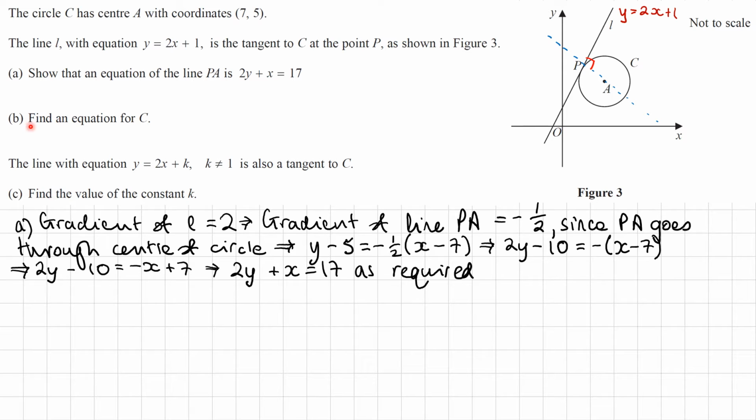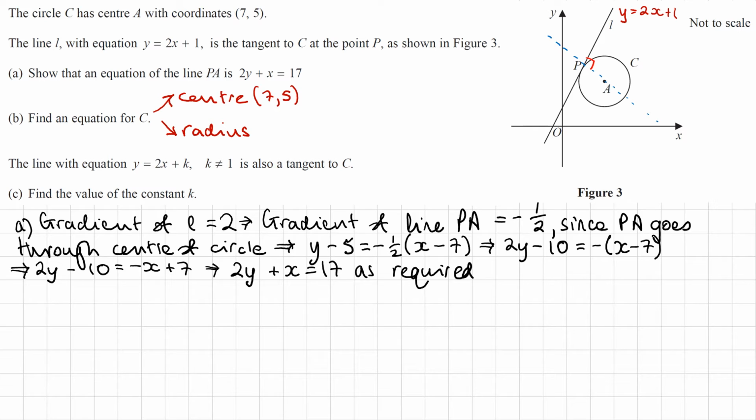Moving on, part B, find an equation for C. So C is going to be the equation of the circle. Now to find the equation of a circle, we need two things. We need the center of the circle, which we have, which is 7, 5, but we also need what the radius of the circle is.